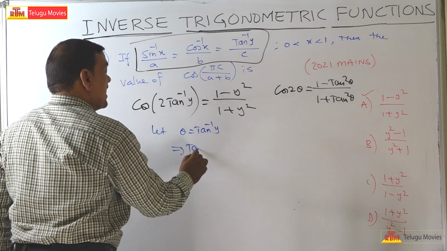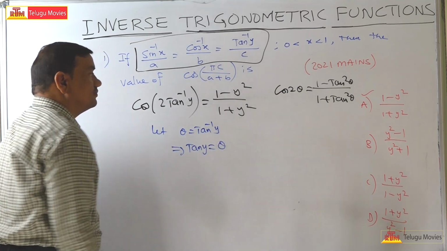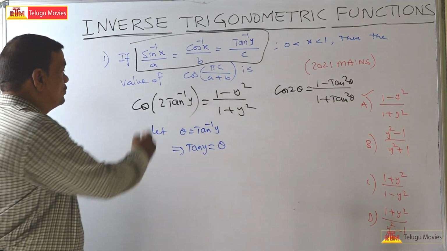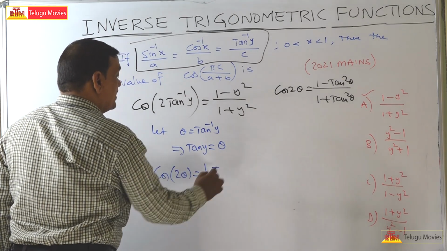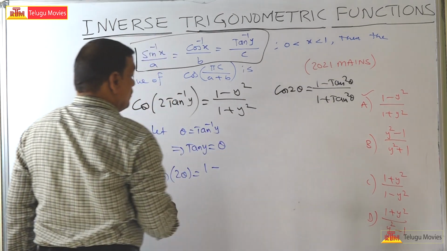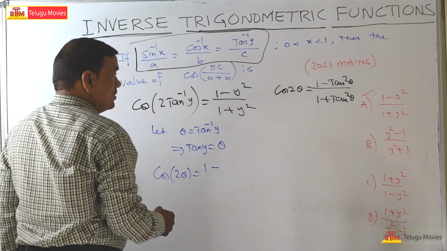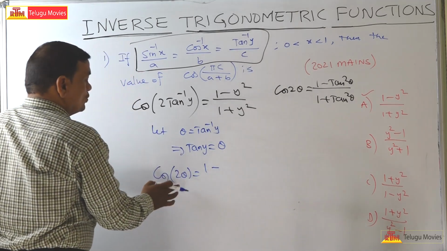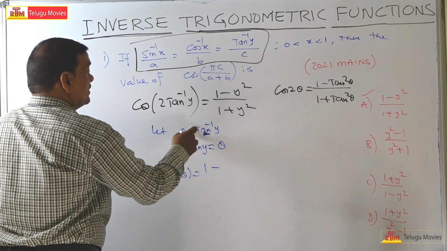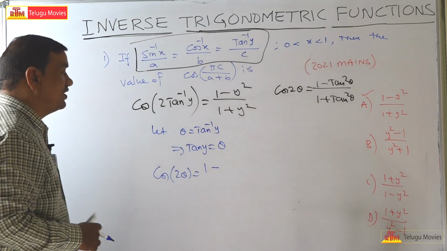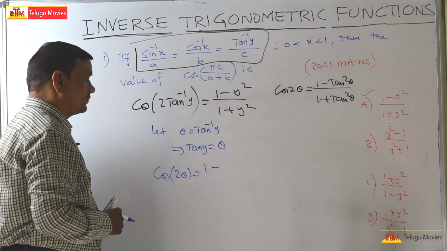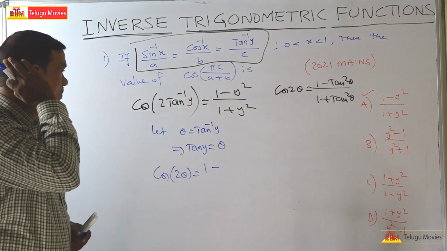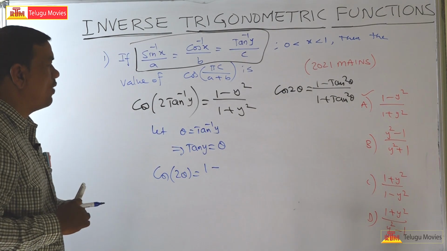This implies tan theta is equal to y. So cos 2 theta is equal to 1 minus y square by 1 plus y square.